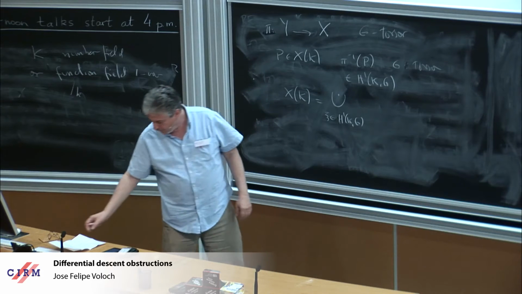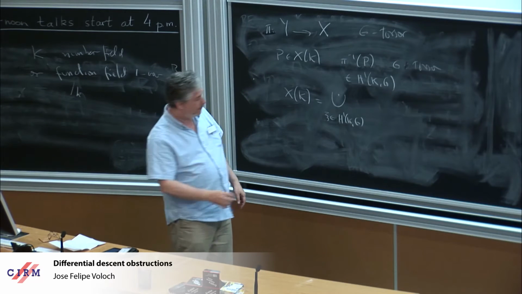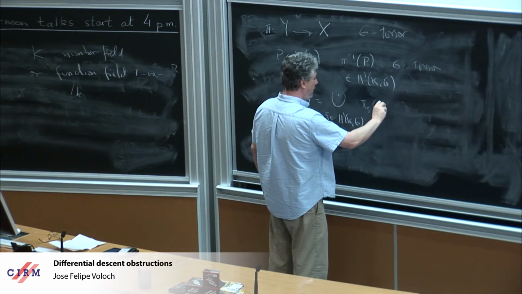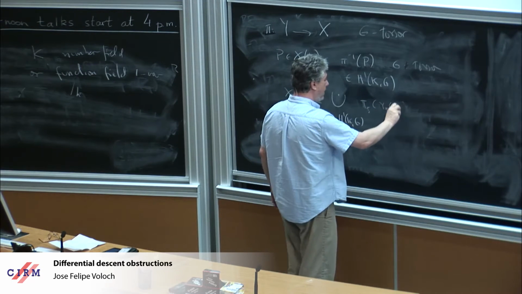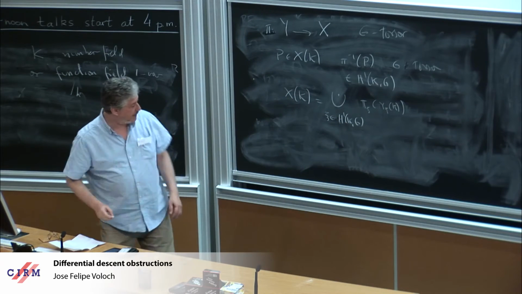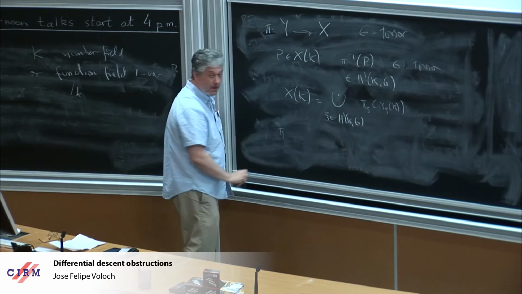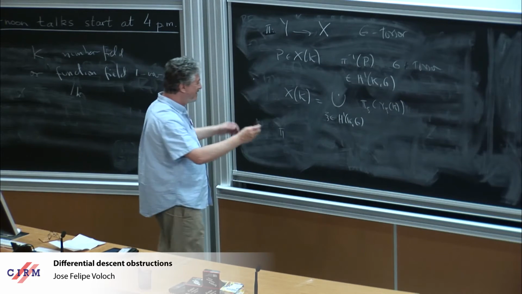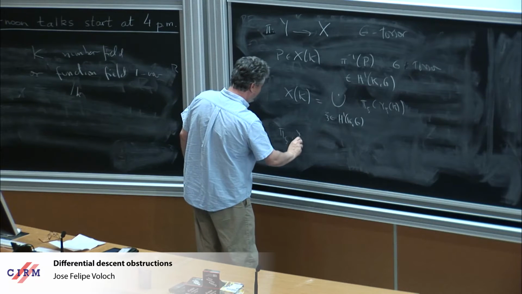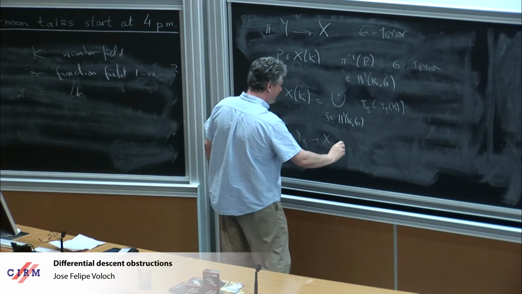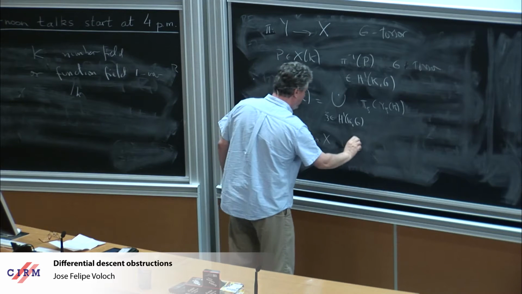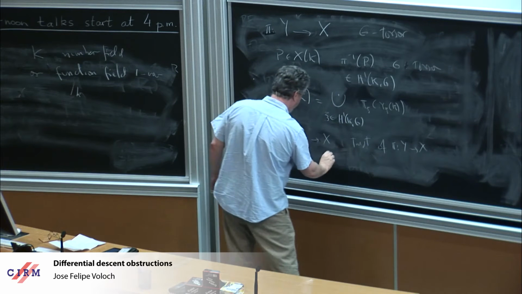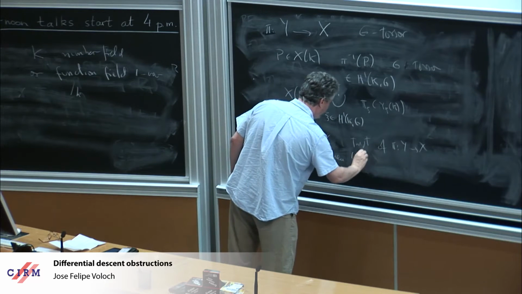So how am I going to write this? I can write it as the union over sigma of pi_sigma of Y_sigma(k), where pi_sigma, Y_sigma to X, is a twist of pi from Y to X given by sigma.